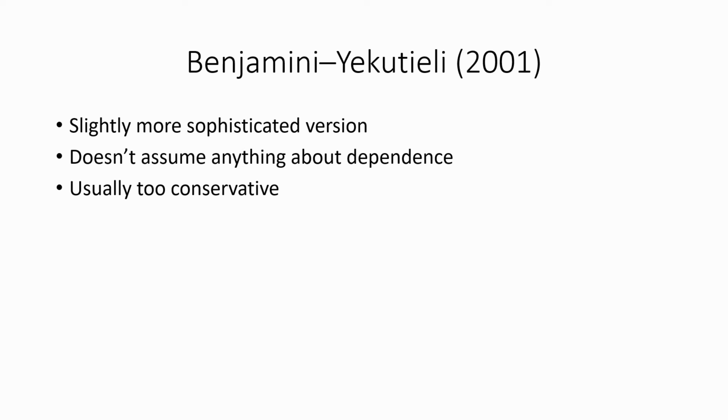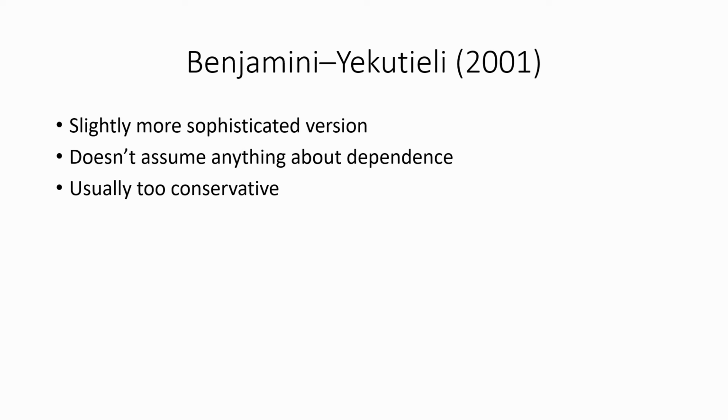This is a slightly more sophisticated version, again, slightly more conservative. So it's a bit harder to reject the null hypothesis, but the nice thing is that it doesn't assume anything about the dependence of the tests. So if you use that version, you don't need to worry about it, and it's just fine.